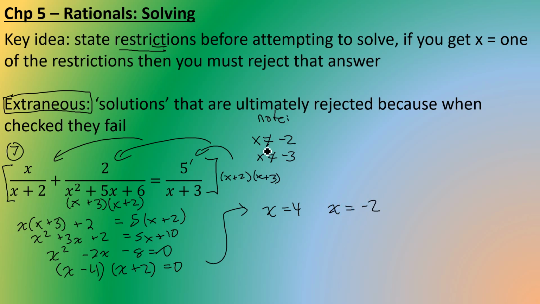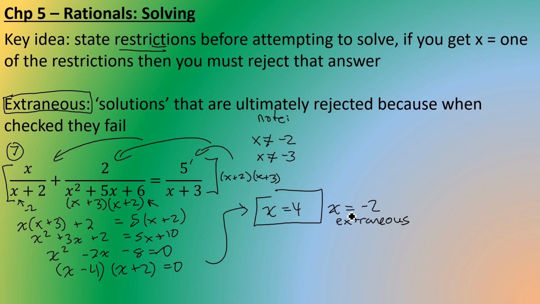Now, if we hadn't stated these restrictions, we might be tempted to box both of these answers, but actually this x equals negative 2 does not work, and we label it as extraneous. And why is it extraneous? Well, if I put negative 2 into here, this denominator is 0, and actually if I put it in here, this denominator is also 0, and we can't divide by 0.